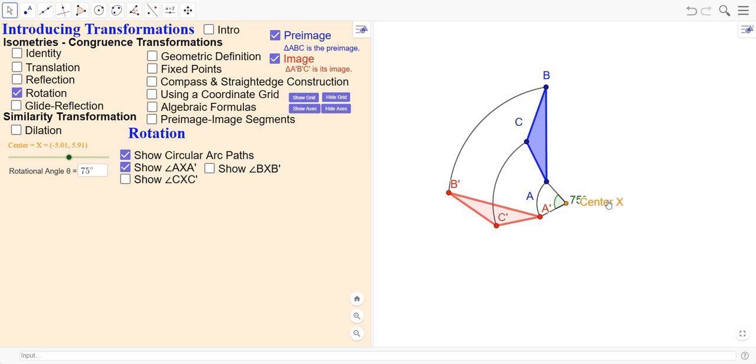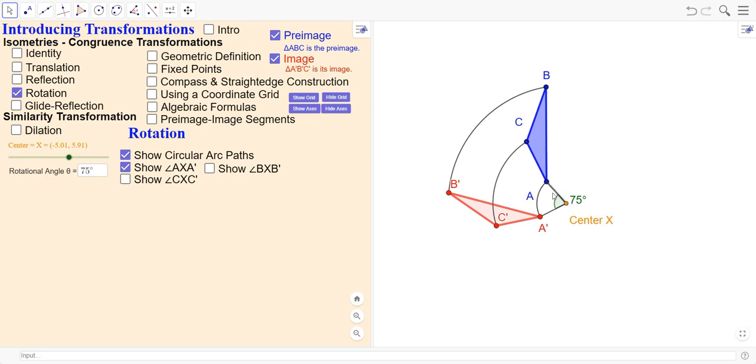So this angle right here is the specified angle. So the angle from pre-image to center to image has to be the same, and the distance, these two distances here from the pre-image to the center and image to the center are the same.